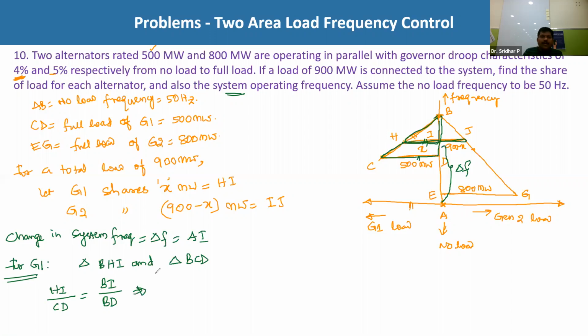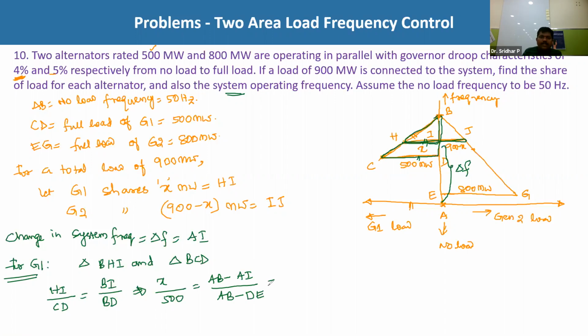So HI is nothing but x, divided by CD, that is 500 megawatt, equals BI divided by BD. BI is nothing but AB minus AI, and BD can also be represented as AB minus DE.